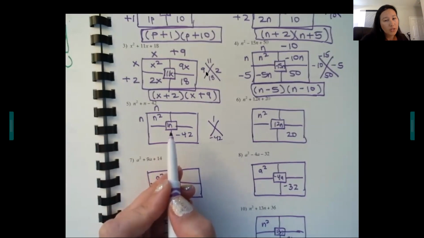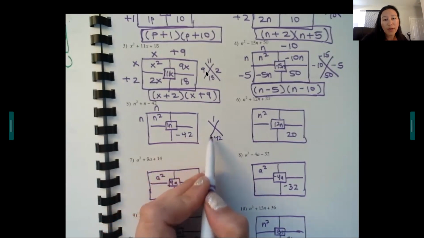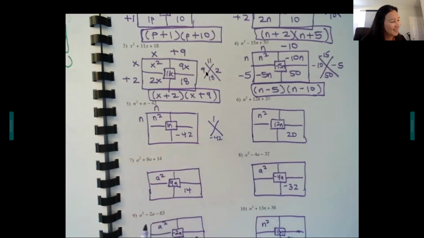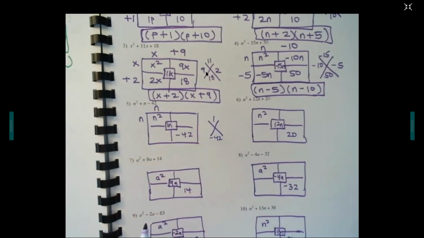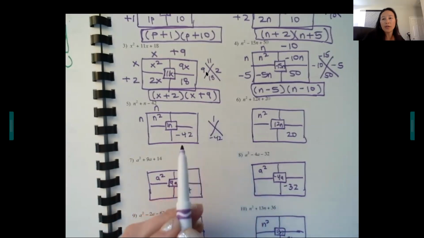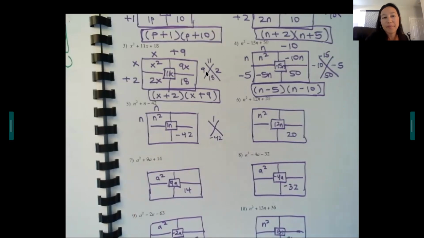So what would multiply to negative 42 and add to 1? Any ideas? It would be negative 41, right? Well, I don't think those are going to add to 1. It's going to be two numbers that are only one number different.